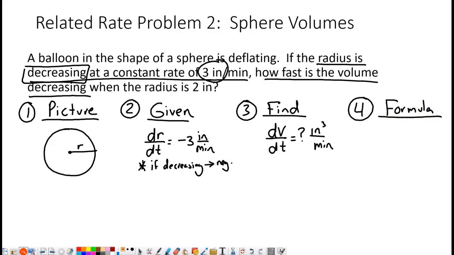The formula that concerns the volume of spheres and radii looks like this: V is equal to 4 over 3 pi r cubed. So I've got a formula concerning the volume of a sphere that relates the volume to its radius. Step 5, we're going to find the derivative of that formula with respect to t.